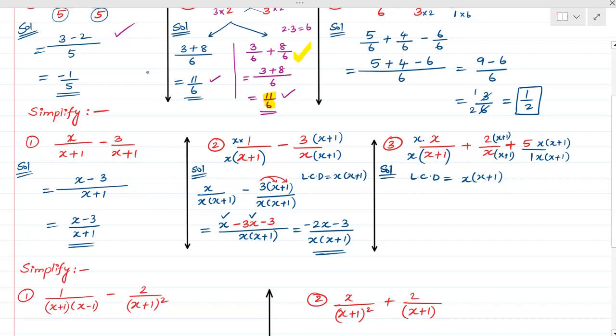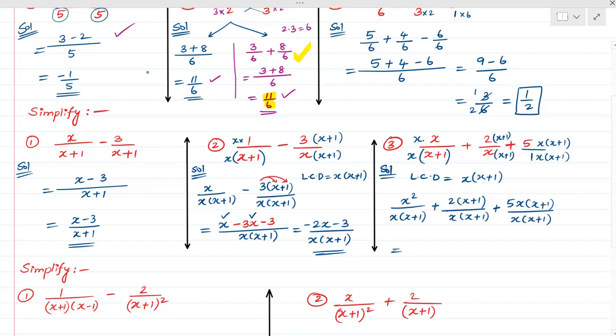So what happened to this part? It becomes x square over x into x plus 1, plus 2 times x plus 1 over x into x plus 1, plus 5 times x into x plus 1 over x into x plus 1.